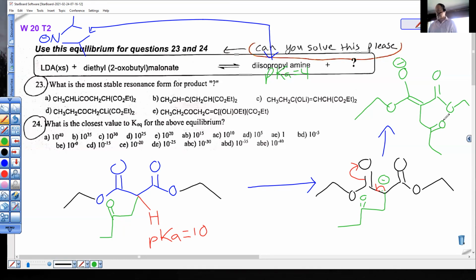So whichever product looks like that. And I think it's this one, CCCO- with an ET as well, and a CO2ET here. And there's the oxobutyl over there. I'm liking E.